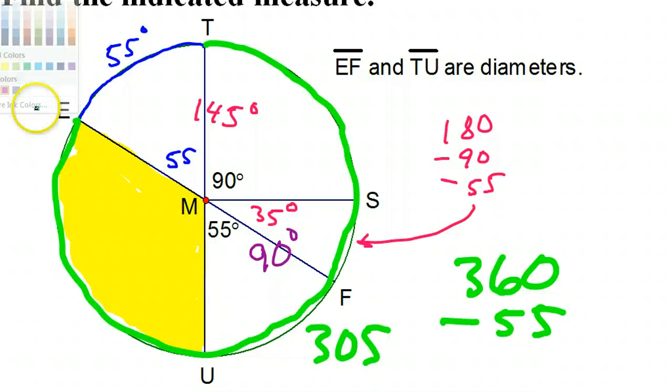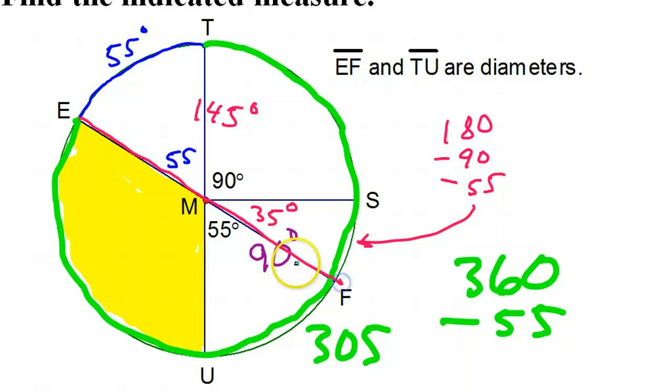Hopefully you can see that what we have here is a semicircle. All right, so say if I look at this part, see that diameter? So these two together should add up to 180. So that's one way to look at it, is to add these up to 180, subtract from 180. So this should be 180 minus 55.